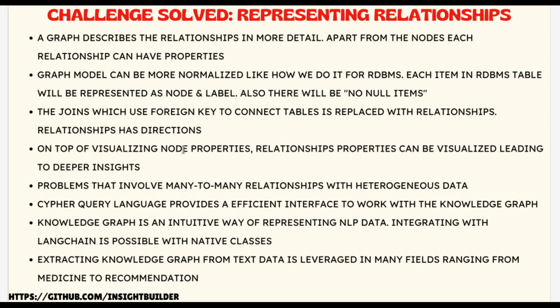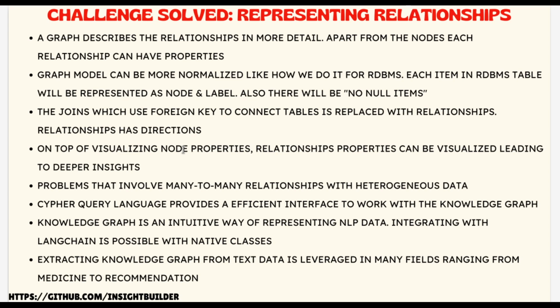So if you are going to say product 1 is related to supplier 2, you can create a relationship which talks about the relationship type, whether the supplier is supplying or providing a service, or whatever kind of relationship. You can create that and store it inside the graph. This is one of the differences that we see in the graph database.